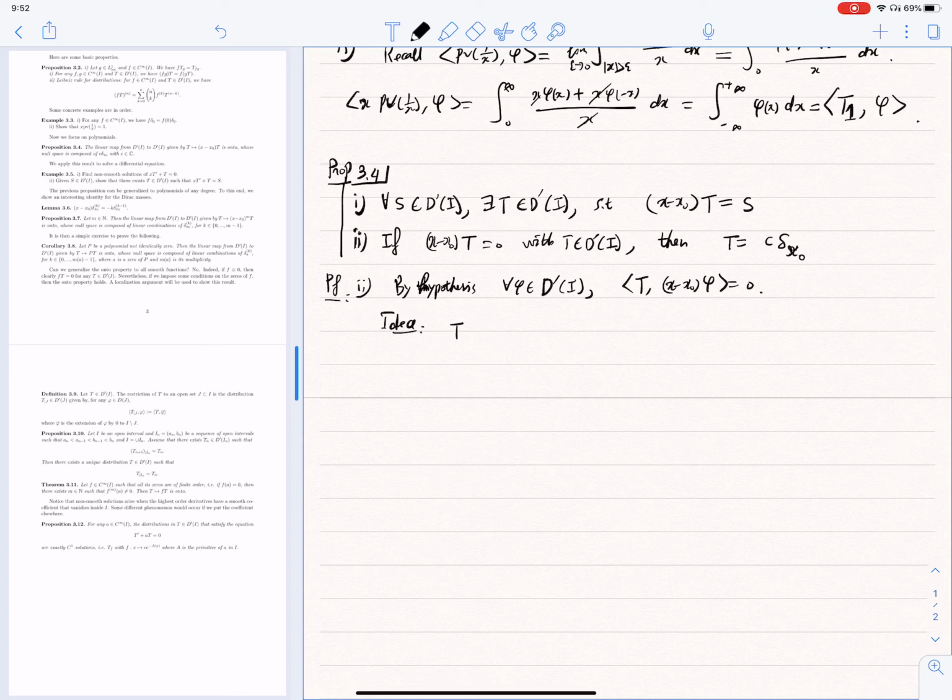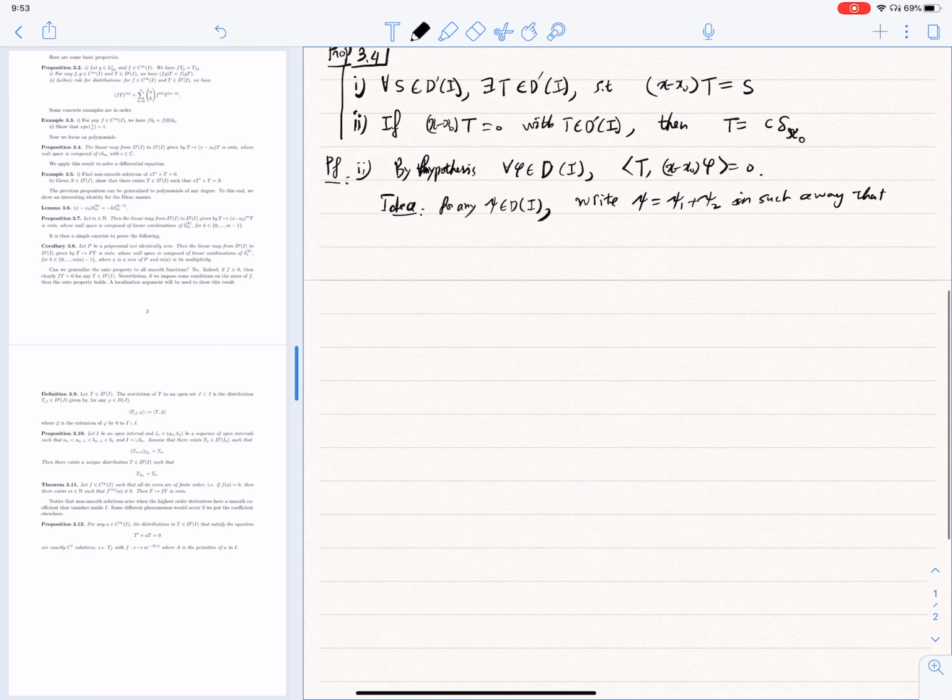So for any psi test function, we're going to make a decomposition psi equals psi 1 plus psi 2 in such a way that it has certain properties, right?